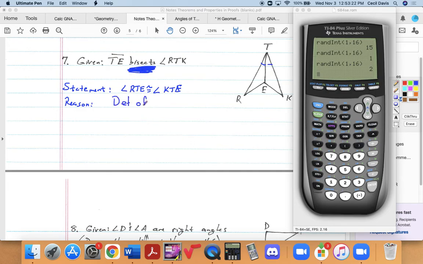Yeah, that. So if I were to say triangle TRE and triangle TE, those two aren't congruent, because to have congruent triangles, all the matching sides and all the matching angles have to be congruent. We don't know any of those things. Oh, okay.